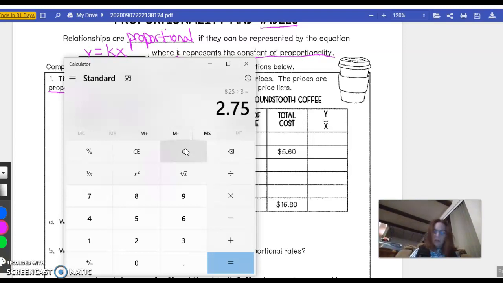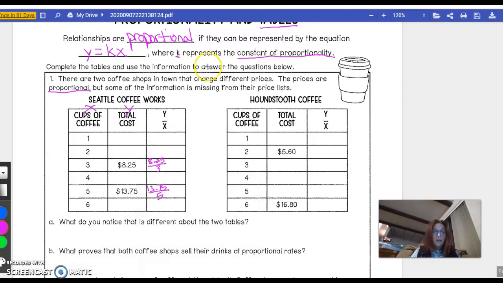If I go 13.75 divided by 5, we get 2.75. So we know the constant for these is 2.75. Now, think about what it means to be proportional. If it's proportional, there is a constant. So that means every single one of these has to be 2.75.